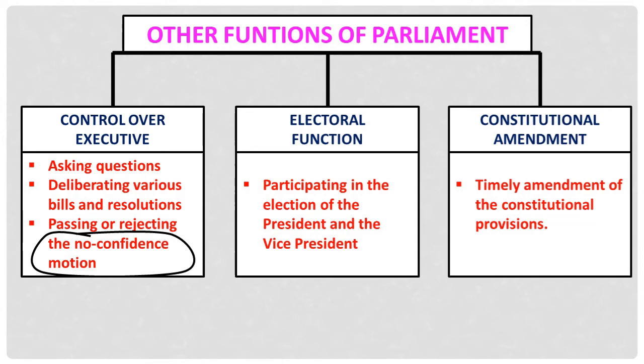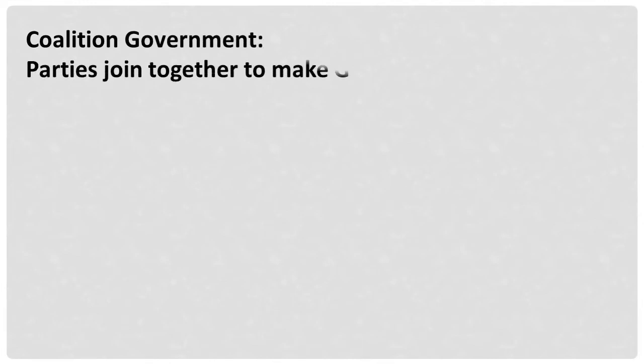If any party does not get a majority, what will happen? We make a coalition government, meaning parties join together to make a government. It is the responsibility of the governing party to prove the majority.